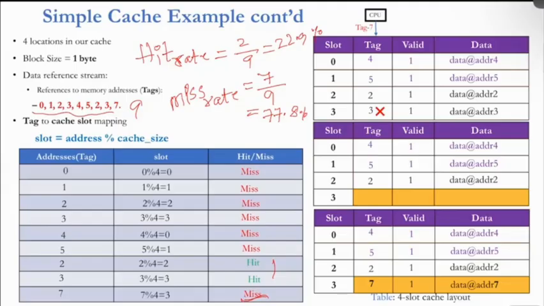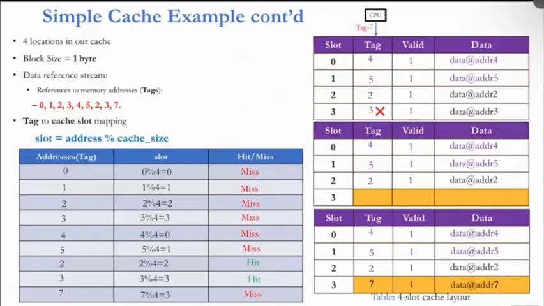Then what is the overall memory access time, and how to compute that? In this process, when there is a miss, main memory is accessed. When there is a hit, cache memory is accessed. So it is a combination of main memory access and cache memory access. Then what is the average memory access time?